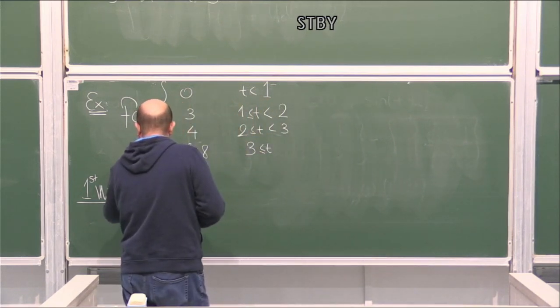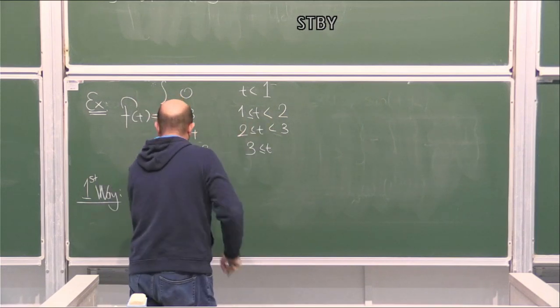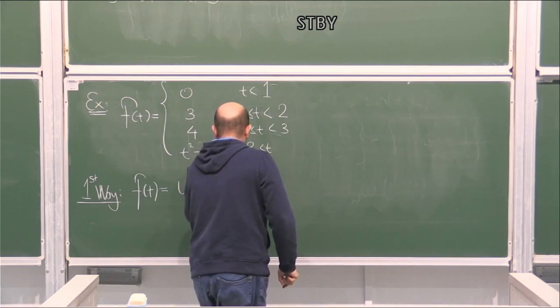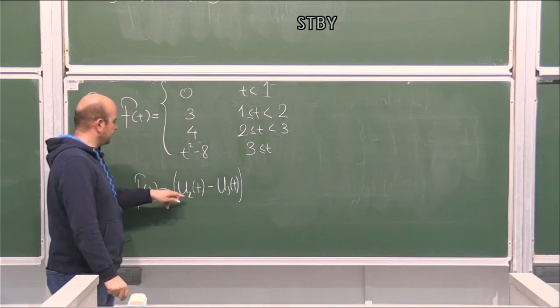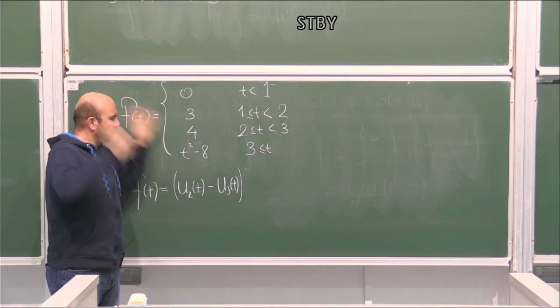So if you look at f of t, my first non-zero term is happening between 1 and 2. So we know that if you write u2 minus u3, this is 1 between 2 and 3, and otherwise it's completely 0.